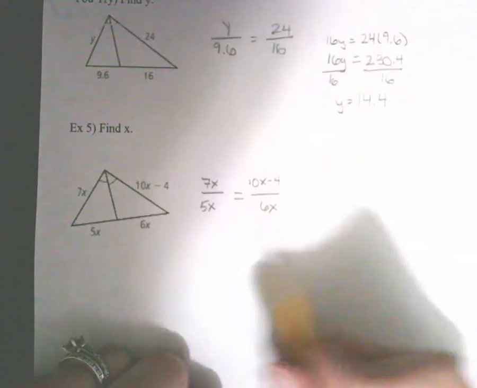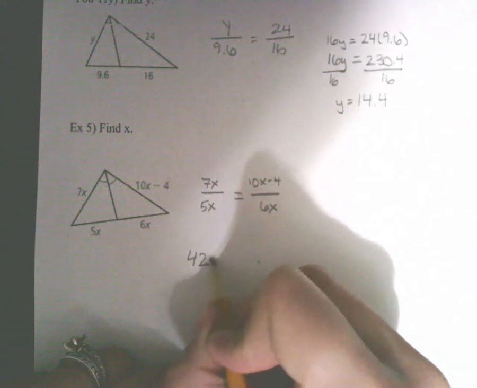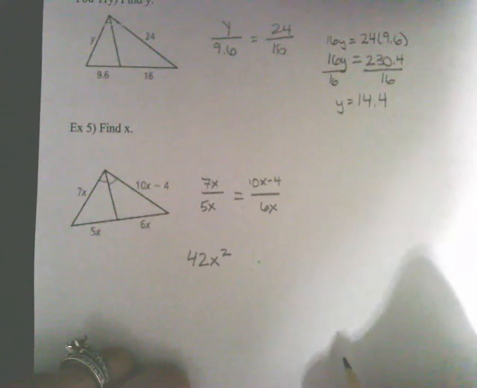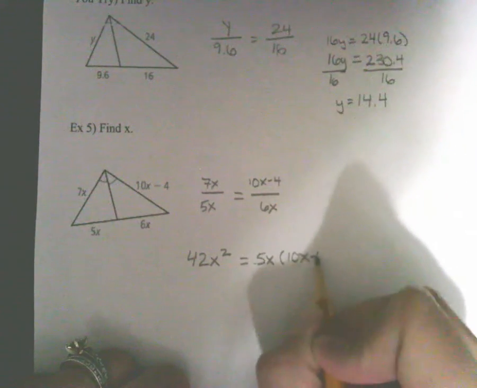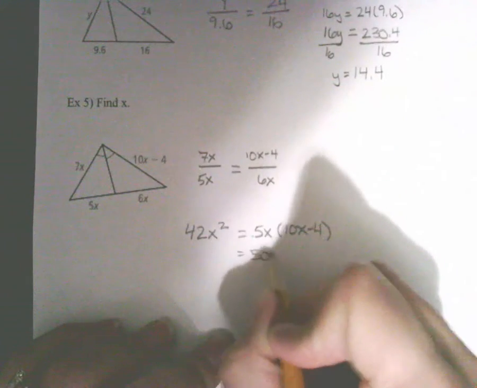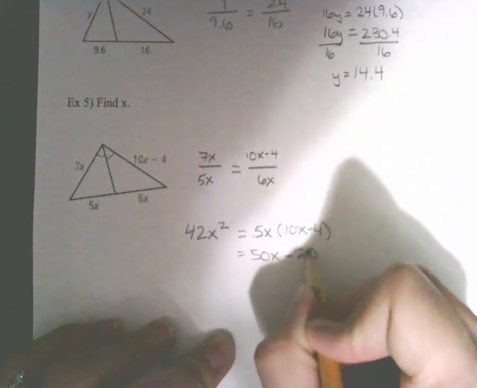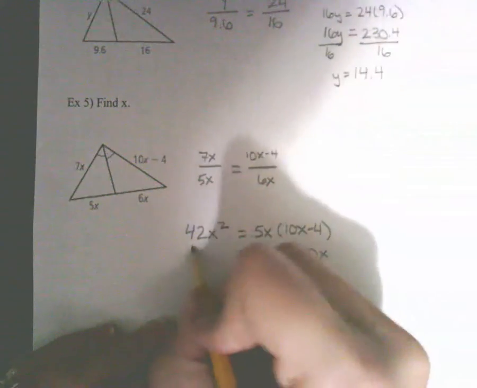Now cross multiplying, 7x times 6x is 42x squared. 5x times 10x minus 4, we would need to distribute. That would give us 50x squared minus 20x.